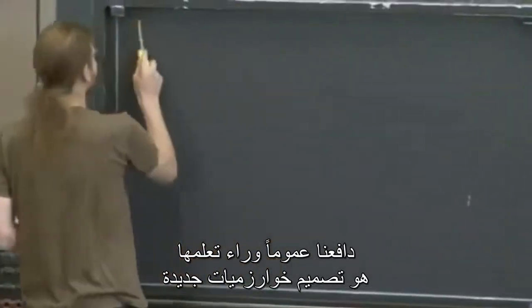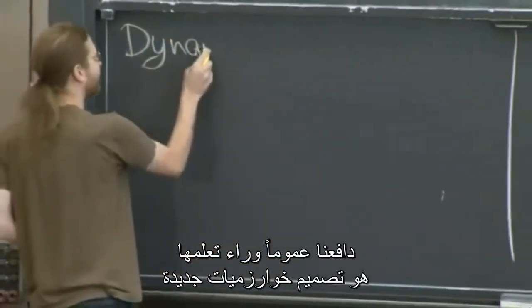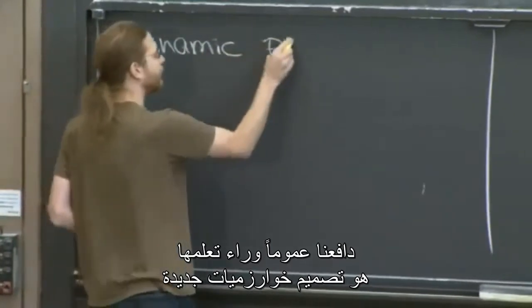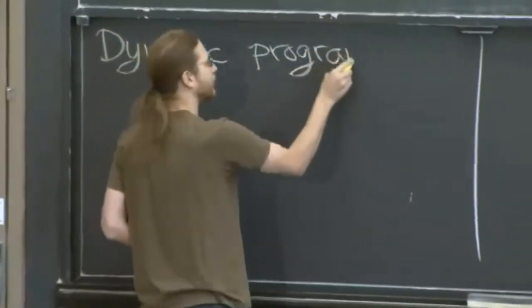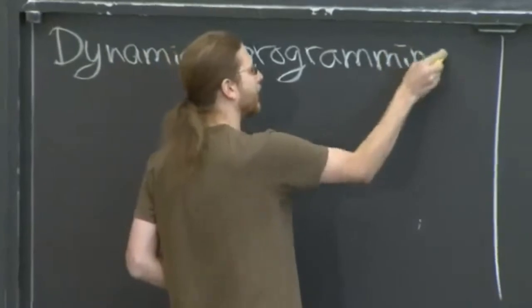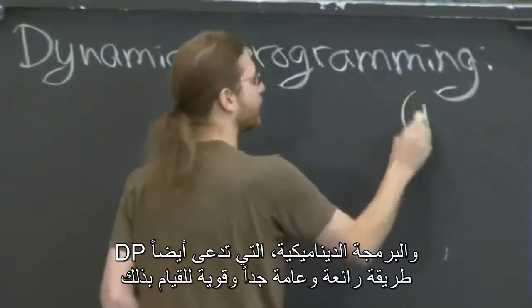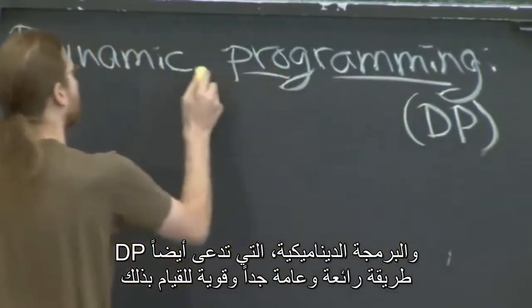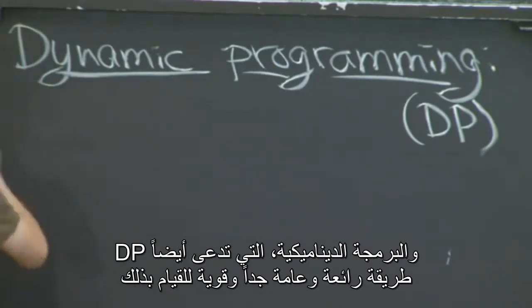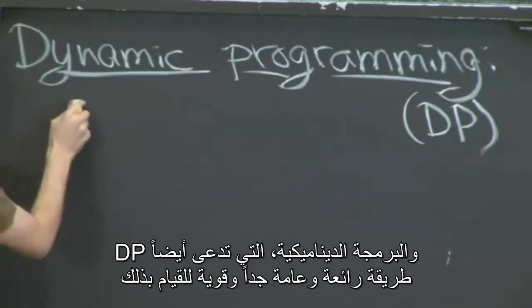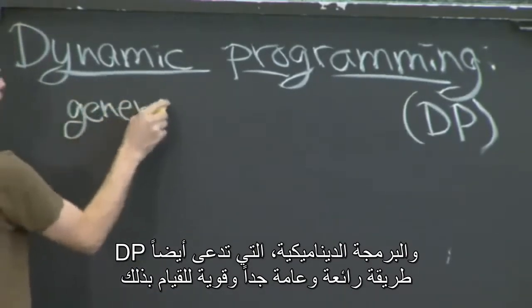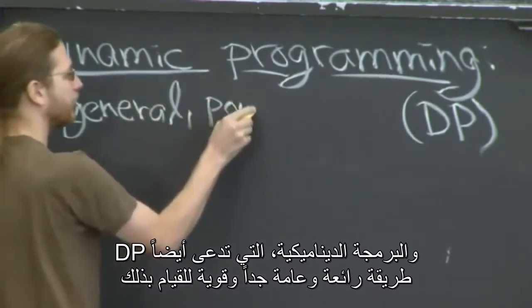So in general, our motivation is designing new algorithms. And dynamic programming, also called DP, is a great way, or a very general, powerful way to do this.